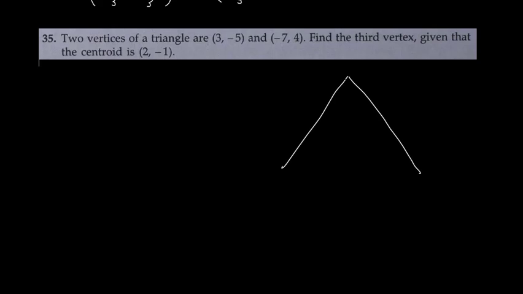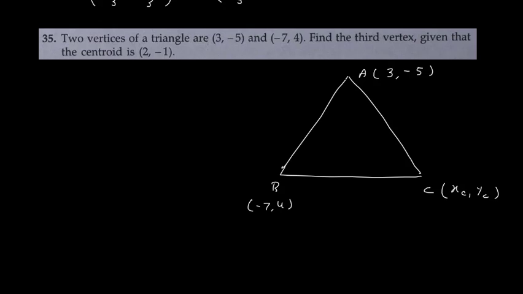One is 3, minus 5. Other is minus 7, 4. Let this be xc, yc. And here we have the given centroid G. The coordinate of this centroid is 2, minus 1.